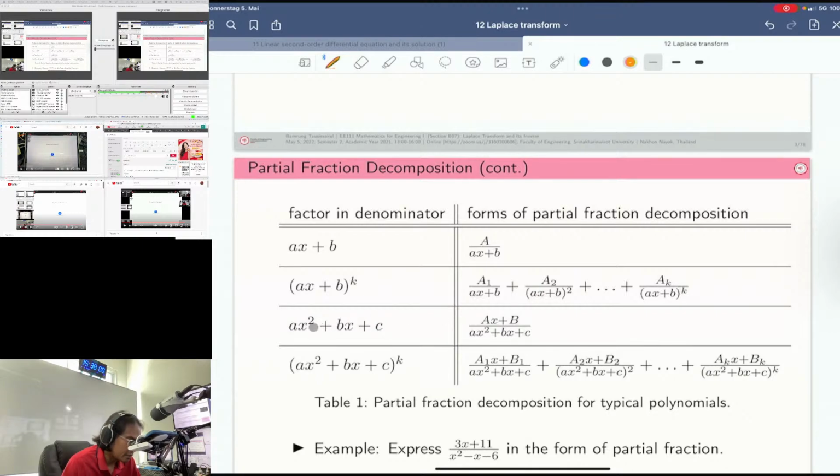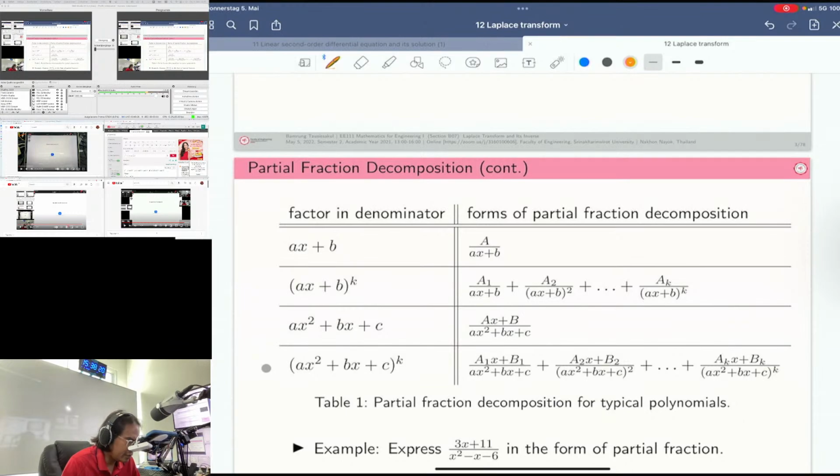At the denominator, if you have ax squared plus bx plus c, it can be decomposed into capital Ax plus capital B divided by ax squared plus bx plus c. Okay, the same thing here, but you need to have x plus b.